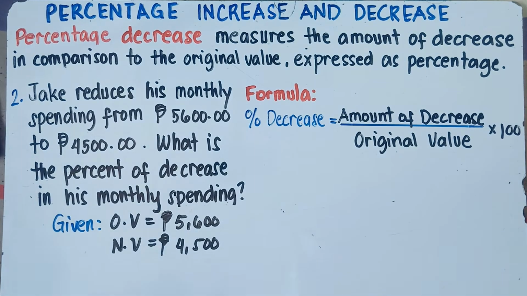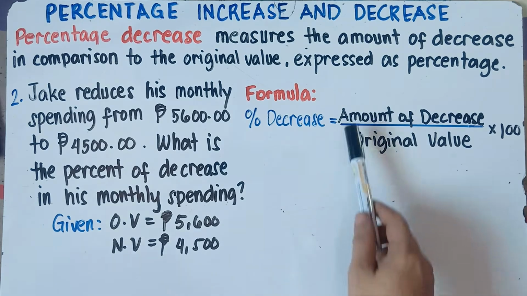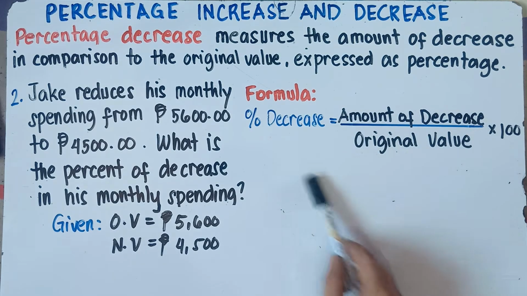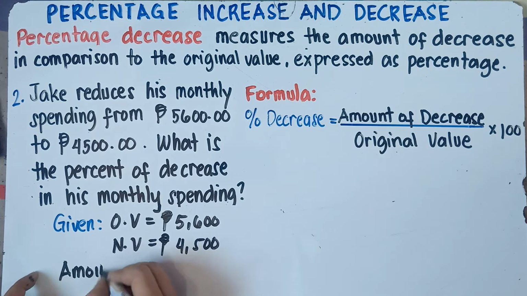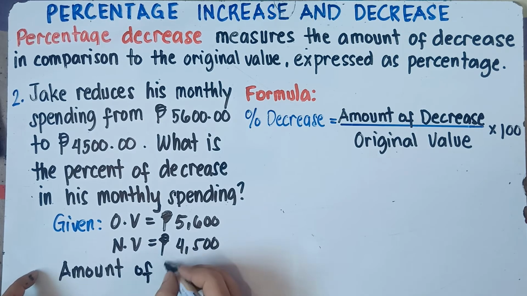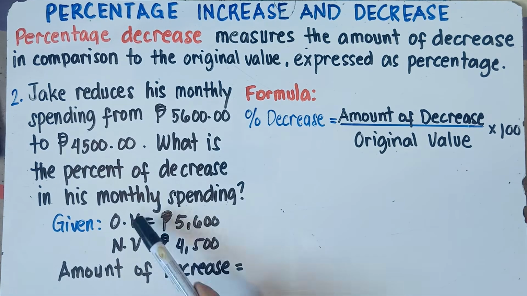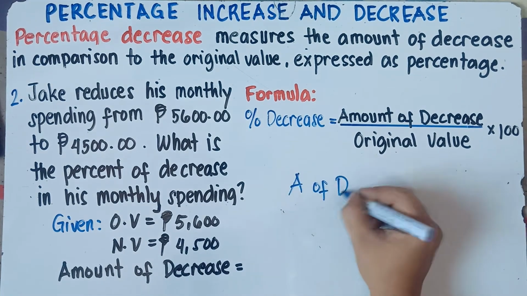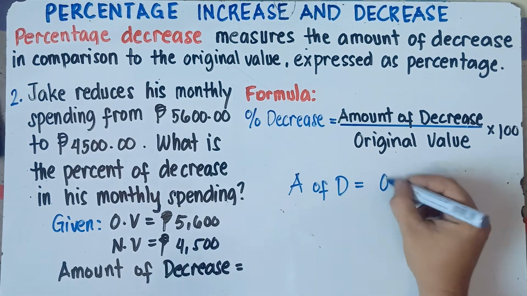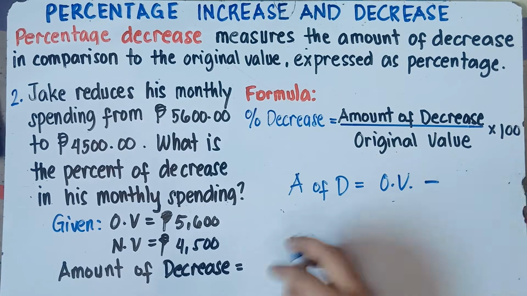Alright, and then, once again, you need to get the amount of decrease for us to solve with regards to this formula. So, how to get the amount of decrease? Just get the difference, class: original value minus the new value.